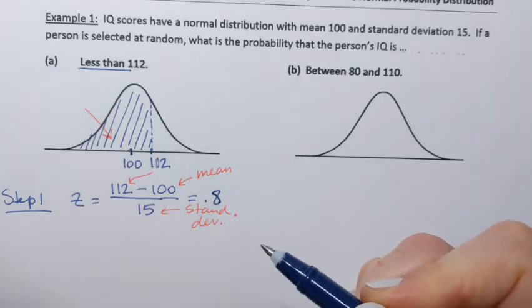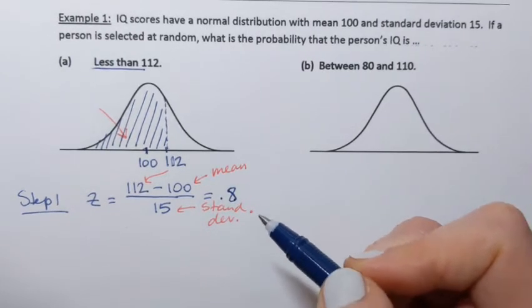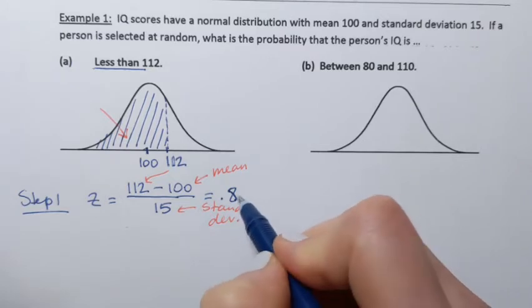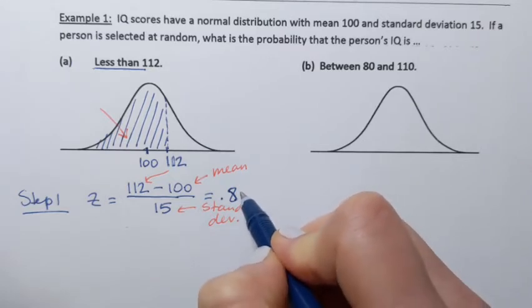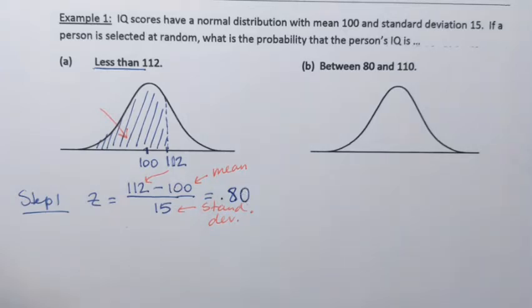Now, when we find Z-scores and plan to use them in the Z-table, we would want to have 2 decimal places. So round to 2 decimal places. Well, no rounding happened here, but if I want to have 2 decimal places, I will just write another 0 at the end.